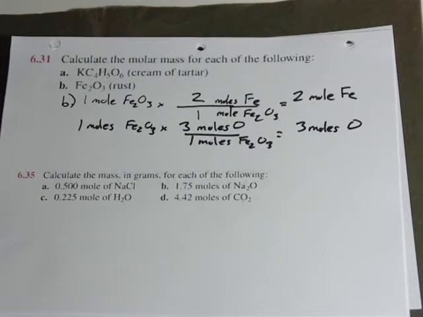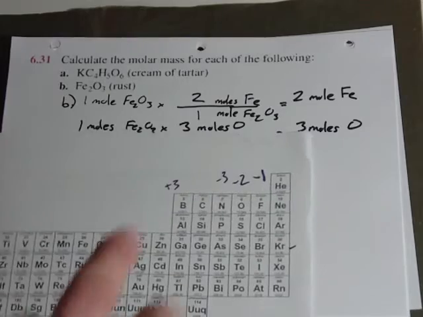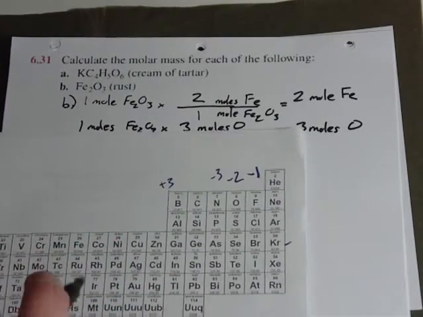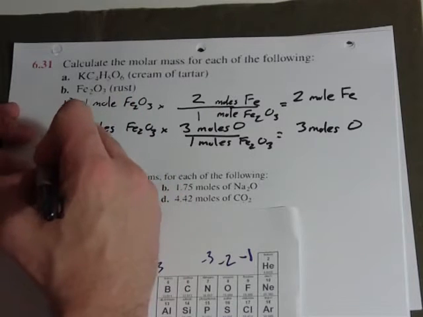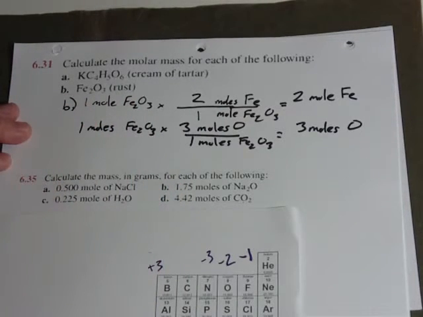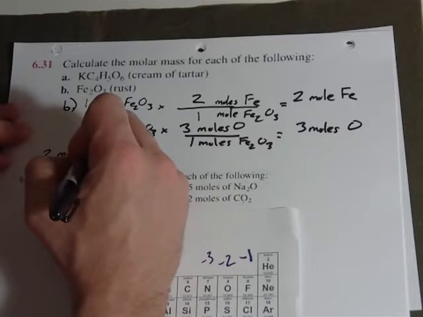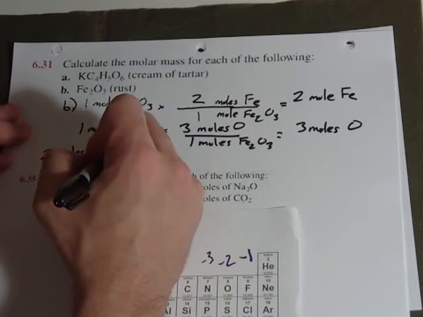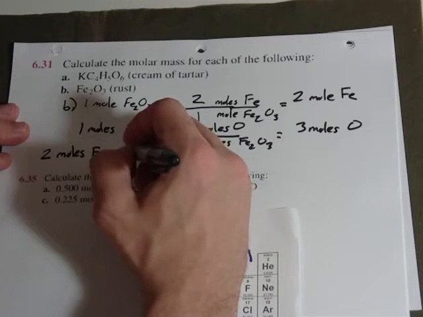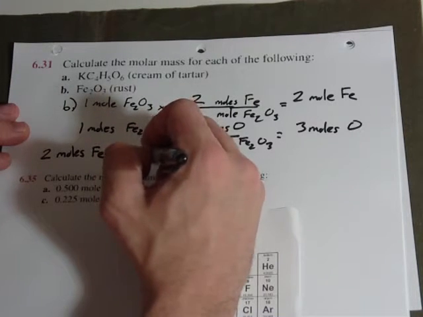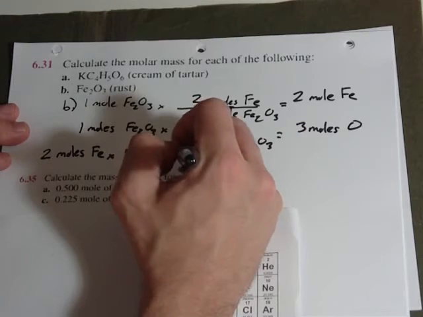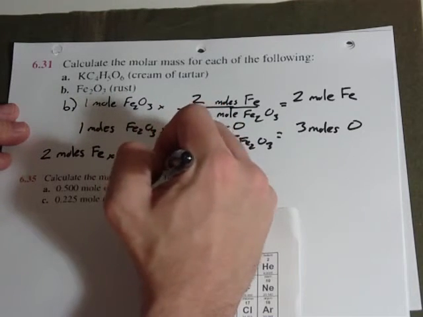And so now we have to use our periodic table. We go onto our periodic table and we find iron with atomic number 26, and it says that 1 mole of iron has a mass of 55.845 grams. So if we have 2 moles of iron, then we would multiply it by its molar mass, 55.845 grams of iron divided by 1 mole of iron.